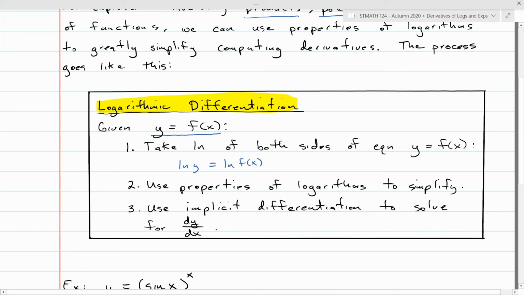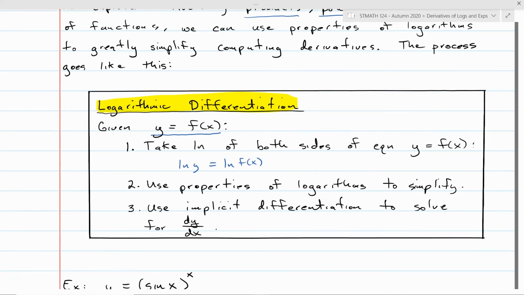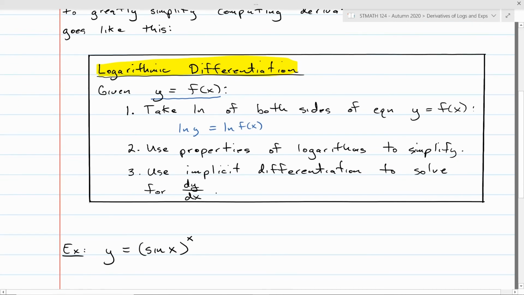If there were products, you could break it up, because we have a logarithm property that the logarithm of a product is the sum of the individual logarithms. Or the same thing with quotients, except you subtract. So this step of taking the logarithm of both sides will expand it out.